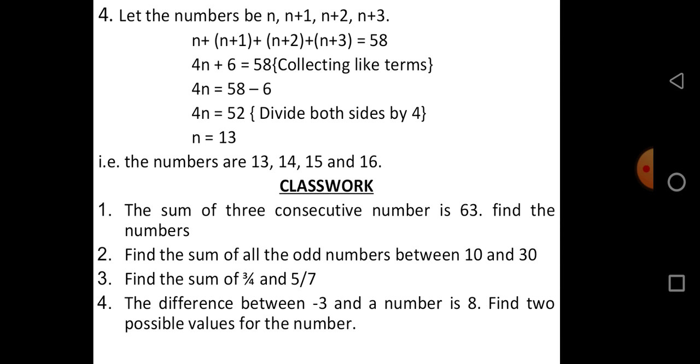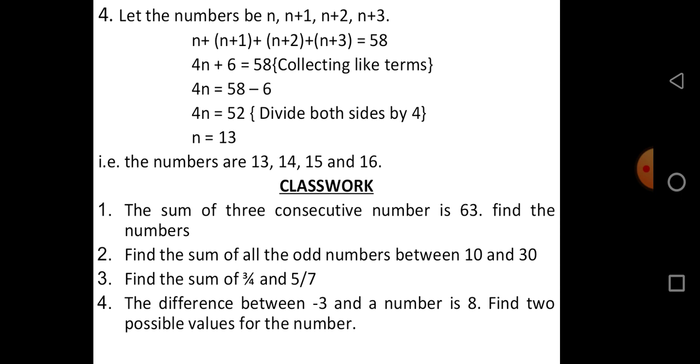Now the consecutive numbers that we are talking about will be 13, because remember we said our numbers are n, n plus 1, n plus 2, and n plus 3. So the consecutive numbers will be 13, the other one will be 13 plus 1 is 14, 13 plus 2 is 15, 13 plus 3 is 16.